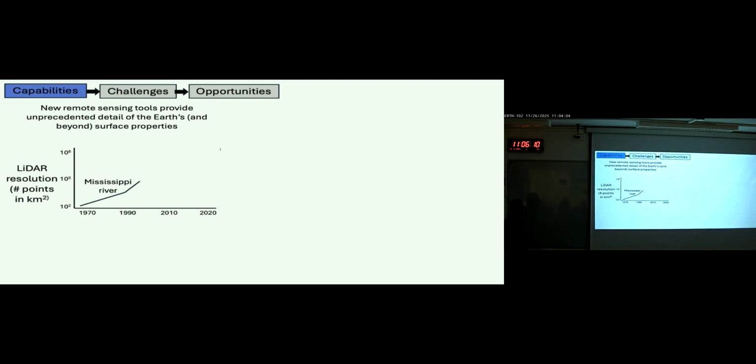If in the 80s we could measure river profiles from space only for rivers at the scale of the Mississippi River, by the early 2000s we could work at the scale of rivers that drain the Judea Desert. And these days, actually, we can measure sediment statistics from space. But this is only one side, only one revolution.